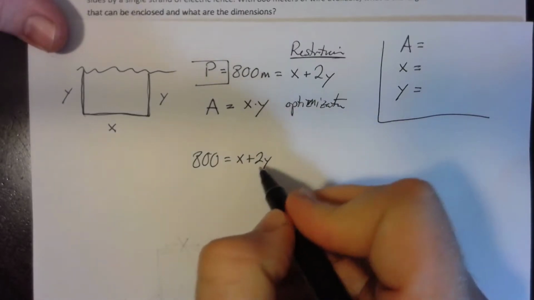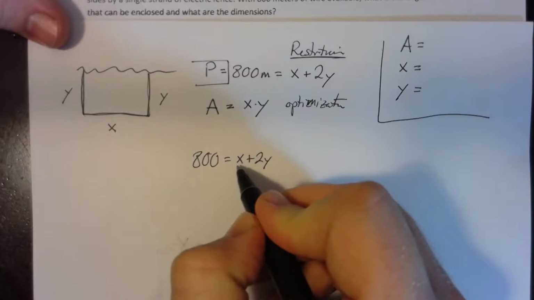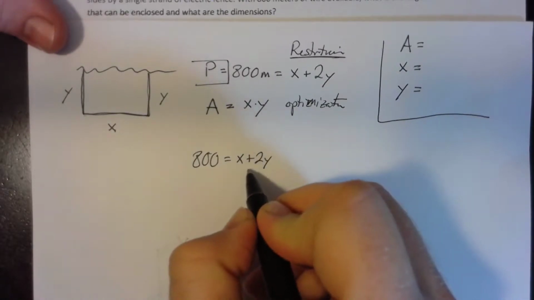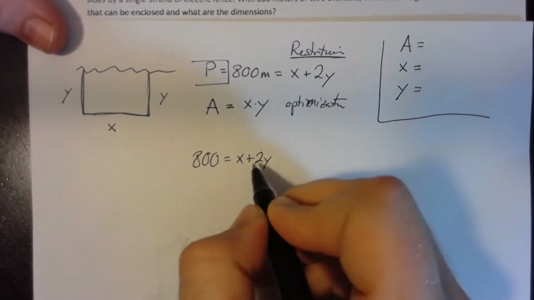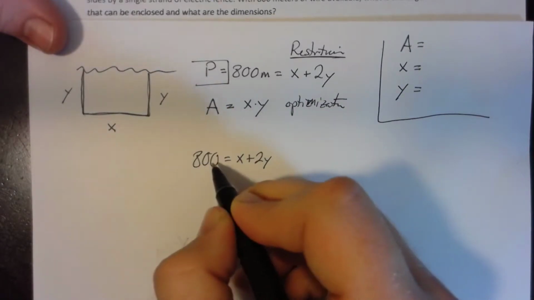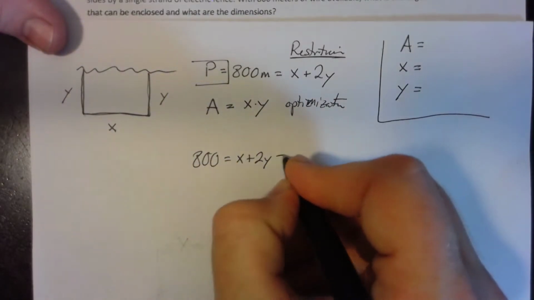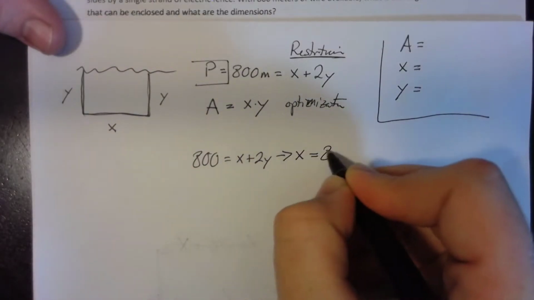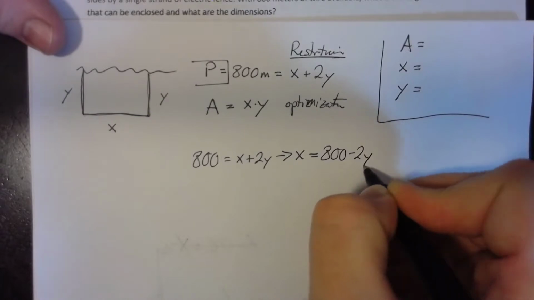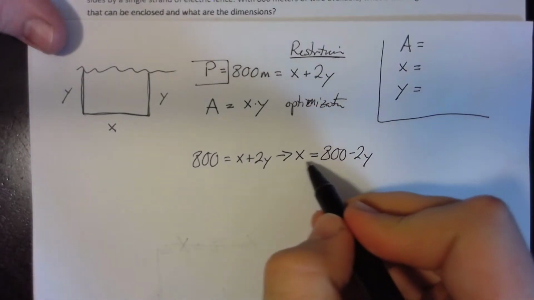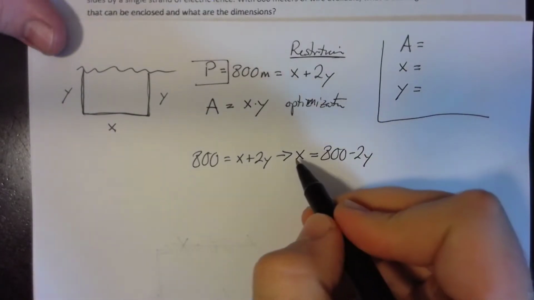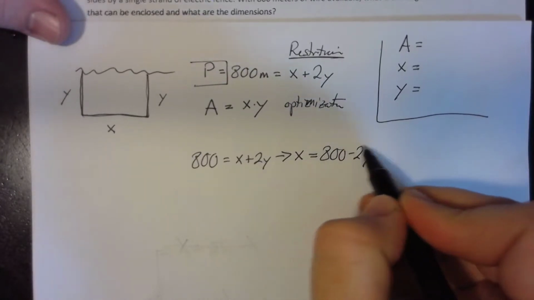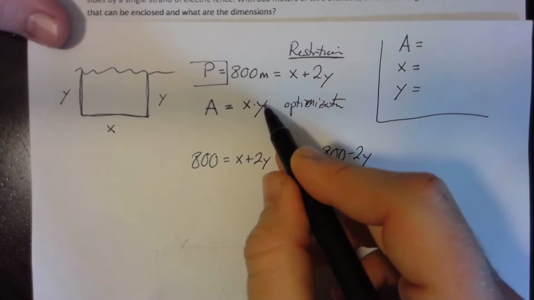I would argue that solving for x is easier than solving for y, because otherwise I'd subtract x, divide by 2, and have a fraction. So x equals 800 minus 2y. I can then take this restriction equation and plug it into my optimization equation.